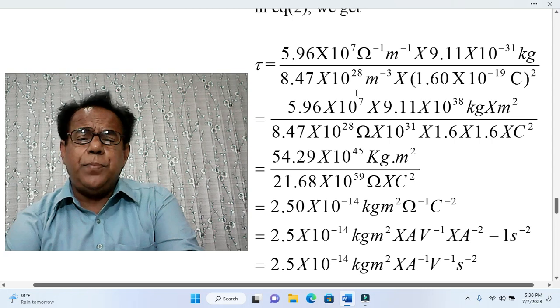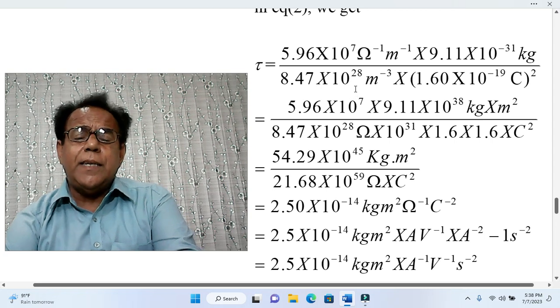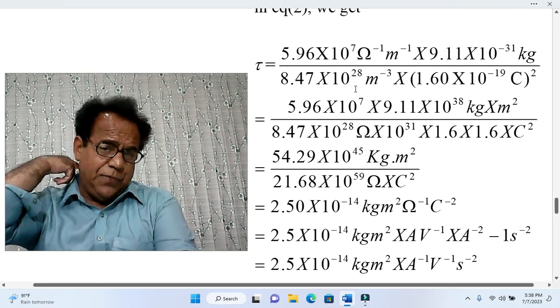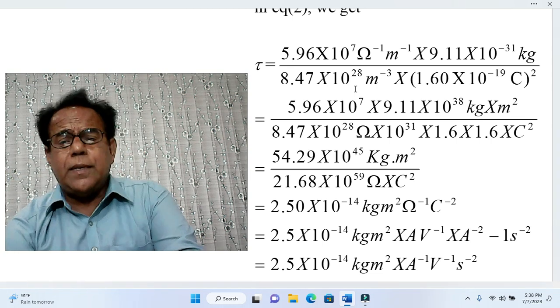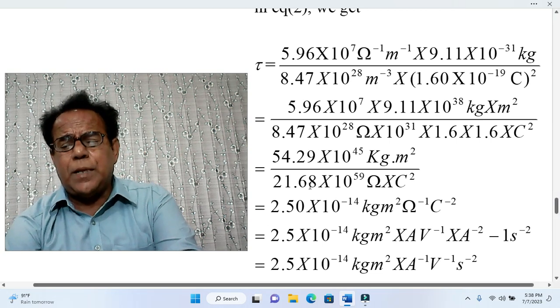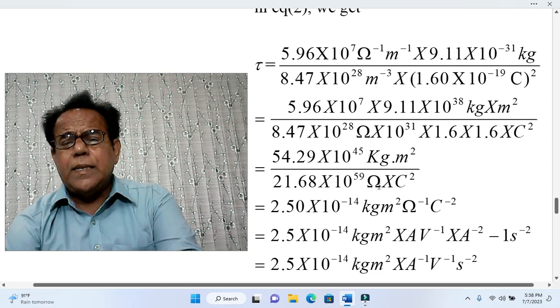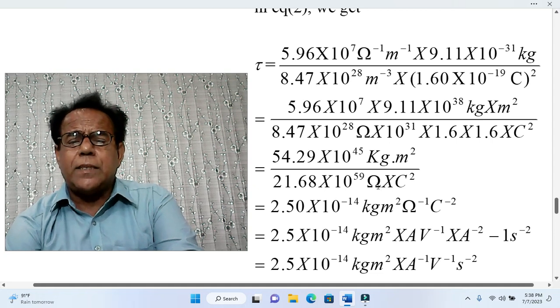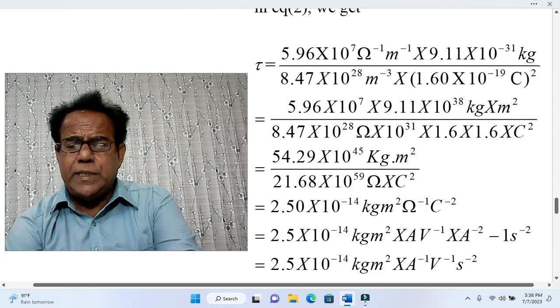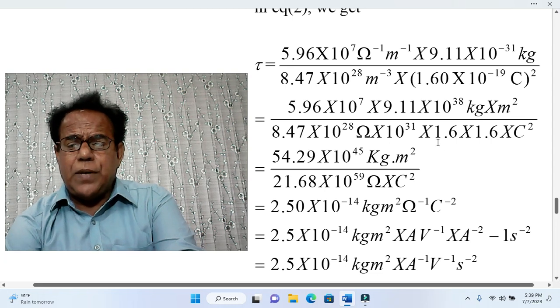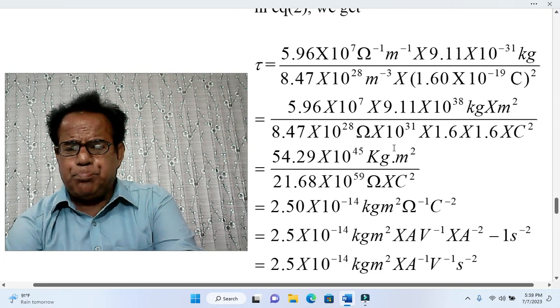So it is understood that we know conversion tables, conversion factors which are given in various tables. So here we see which conversion factors have been employed.